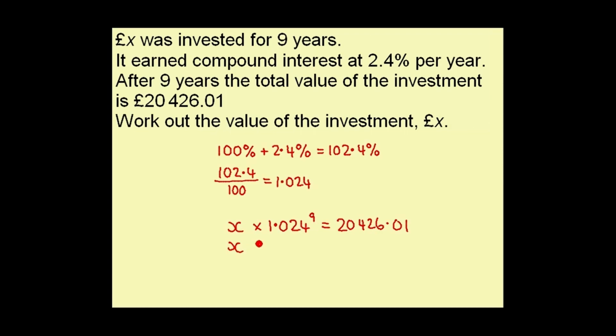So X is going to equal 20426.01 divided by 1.024 to the power of 9. I can use a calculator to get this answer, and I get 16,500.00 rounded to the nearest penny. So the value of the investment was £16,500.